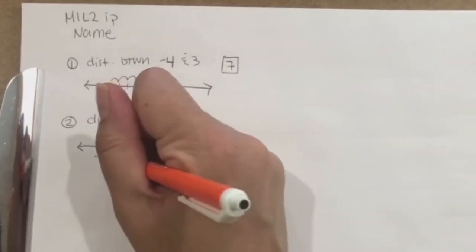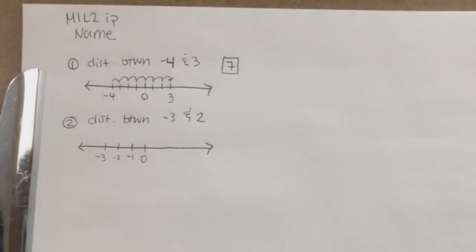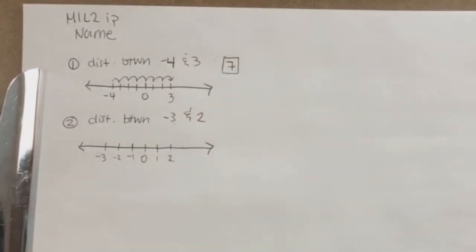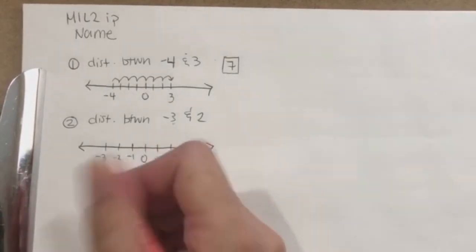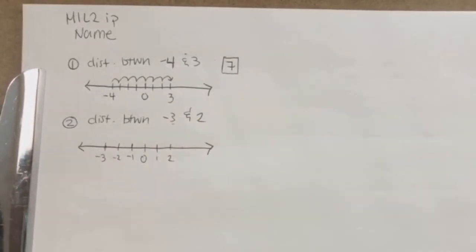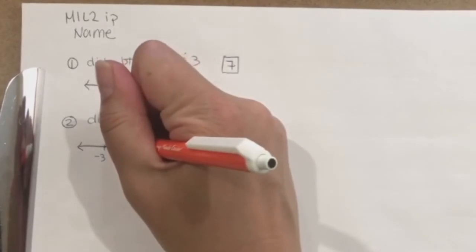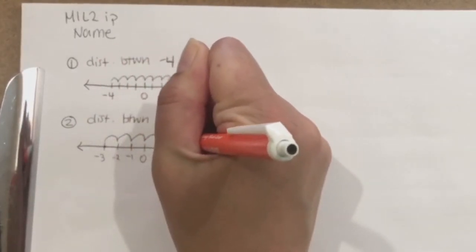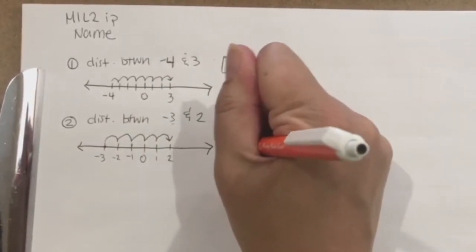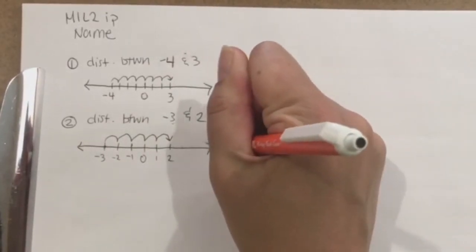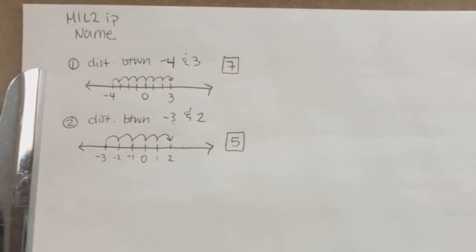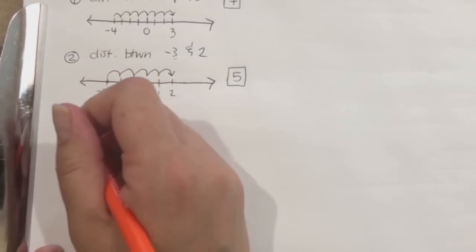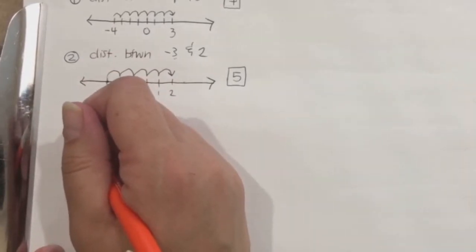And if you wanted to label these, you could, but it's not really necessary. +1, +2. And then we're going to start at -3, and then count up to +2. So 1, 2, 3, 4, 5. So we are looking at the distance between these two numbers. Fabulous.